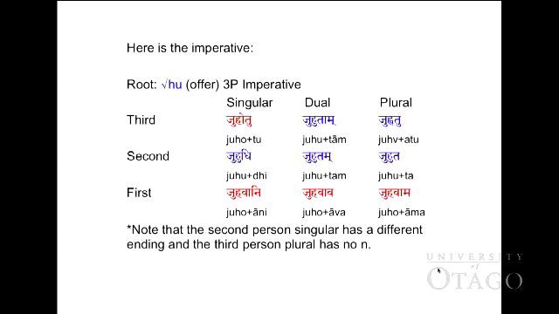Here is the imperative of hu. Hu, the root, means offer. You can see from this one, the third singular, juhotu, juhutam, juhvatu, juhudhi, juhutam, juhuta, juhavani, juhavava, juhavama here.